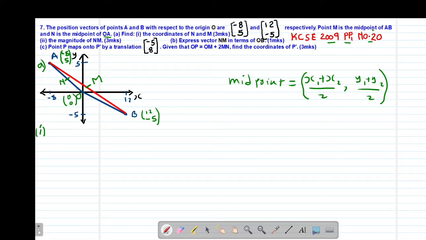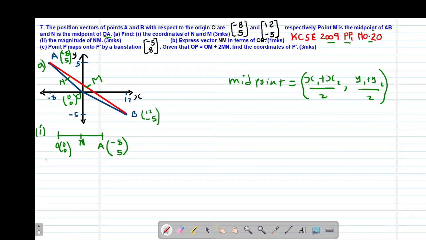If I consider the line ONA, this is the point O, which is (0, 0), or the origin. Then N is in between, whose coordinates are not known. Then we have the point A here, which has position vector (-8, 5).